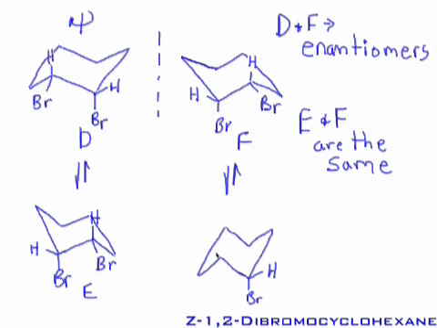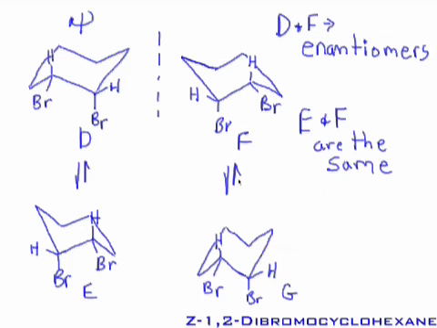The axial Br becomes equatorial, and it becomes H. Here's my H. Let's call this one G. How's G compared to D? If you look carefully, you'll see G and D are the same.